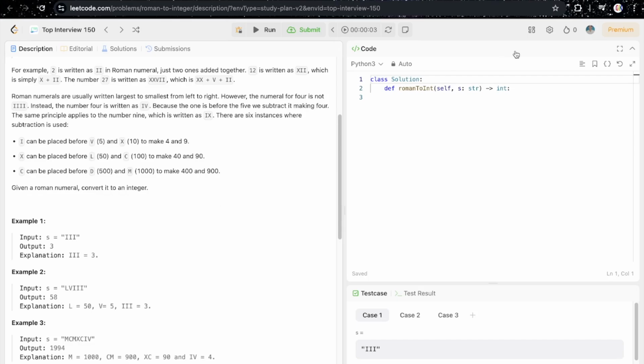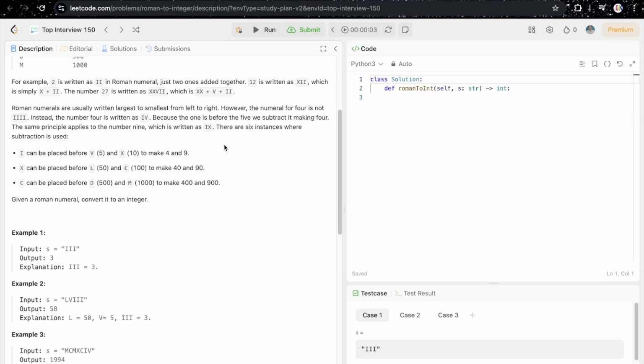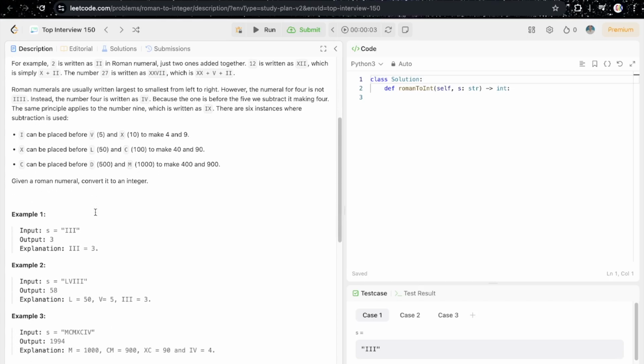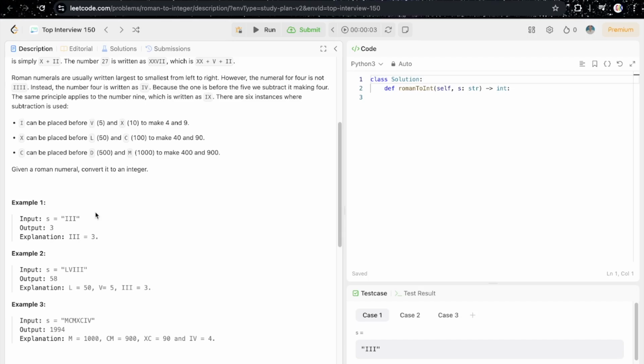So we have to convert. How will we convert? If the left side value is smaller than the right side value, then we will subtract. See, if I is placed before V, that means it will become 4. So in any case, if the left side value is small, then we have to subtract, and if the right side value is greater or equal, then we will have to add. So this is the simple case.